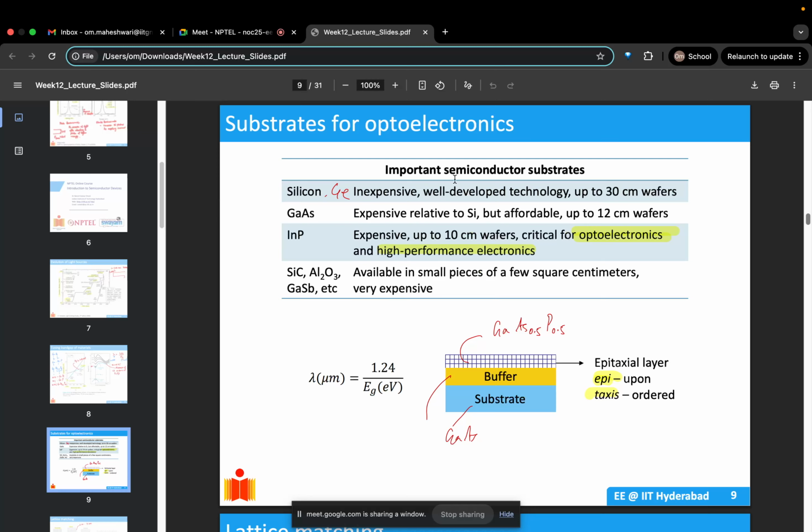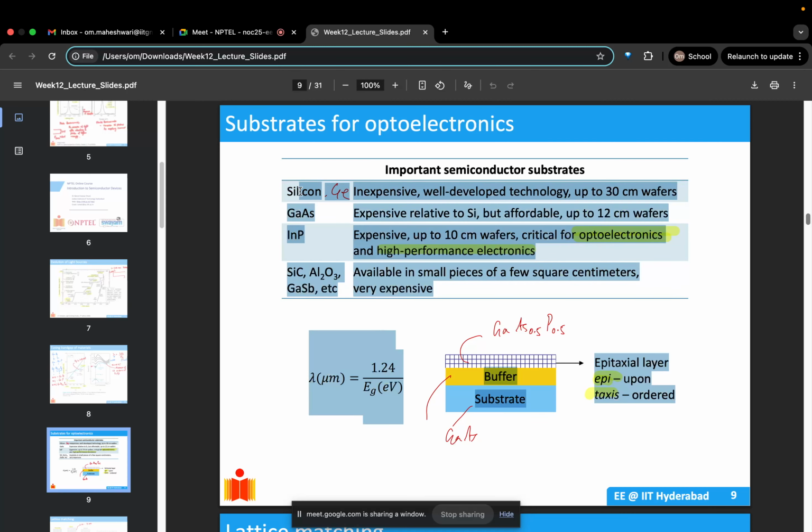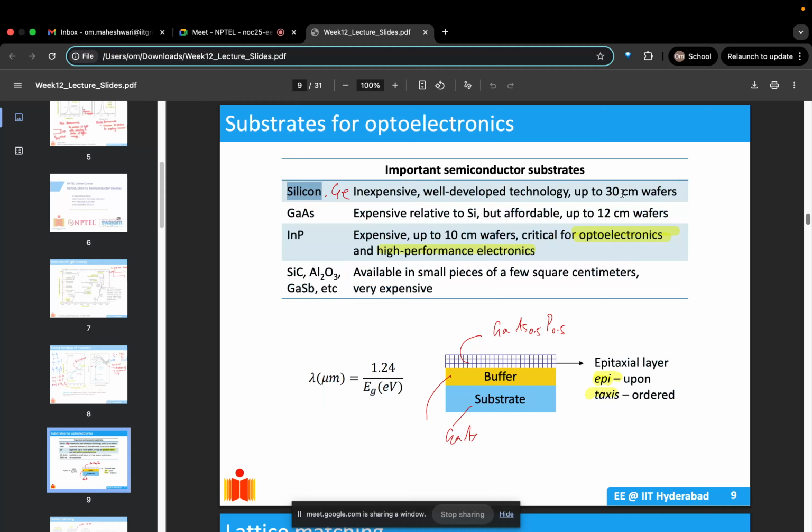These substrates can be silicon or germanium, which are extensively used currently in CMOS technology and are well developed to large wafer sizes. Gallium arsenide is relatively expensive but affordable, and around 12 centimeters of wafer size is available. Indium phosphide is available at 10 centimeters, and the rest are very expensive and available only in a few square centimeters.